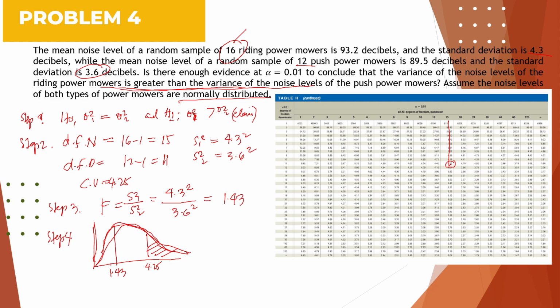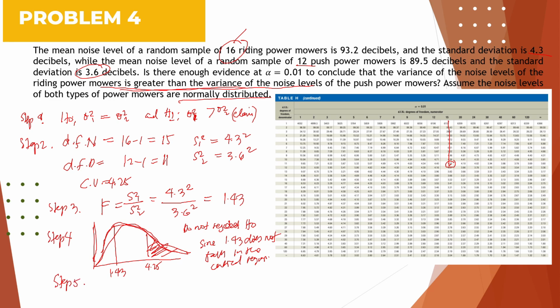So this does not fall in the critical region, so we cannot reject H0. It does not fall in the critical region because this is our critical region. So the decision is to not reject the null hypothesis.